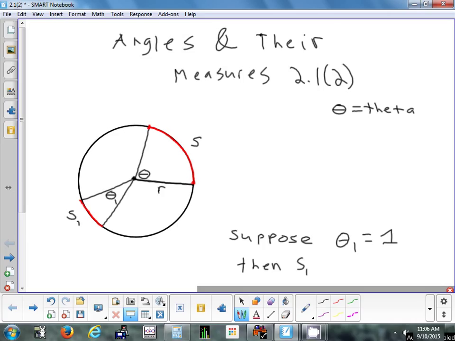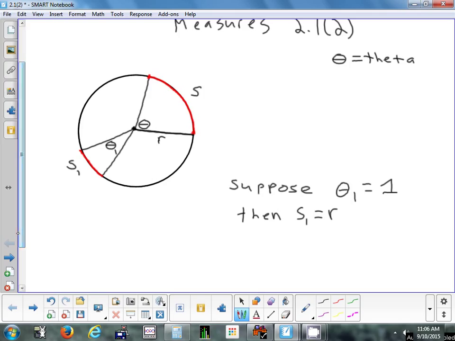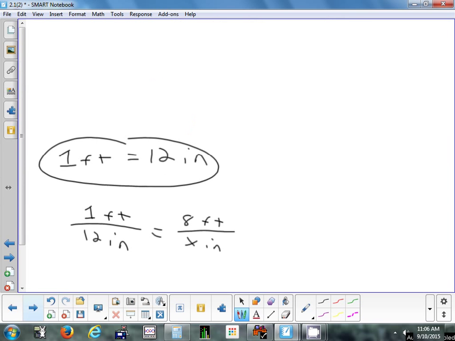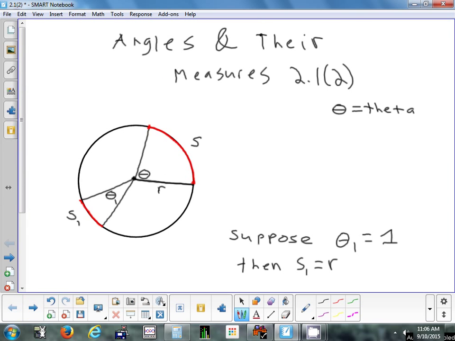Then the size of the arc is going to match the radius. And this is going to be our starting point to set up our proportion. Just like this idea. Same exact idea.